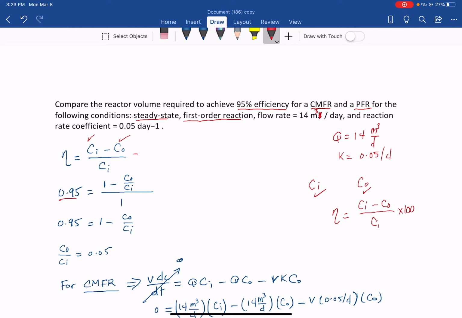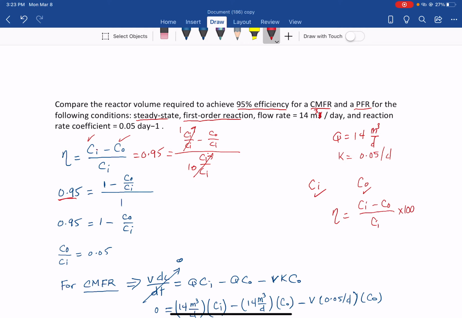If I divide everything by Ci, it will be Ci over Ci minus C out over Ci, so 0.95 equals 1 minus C out over Ci.